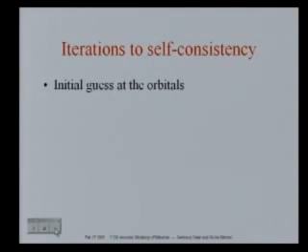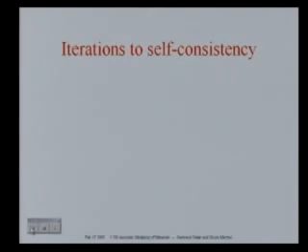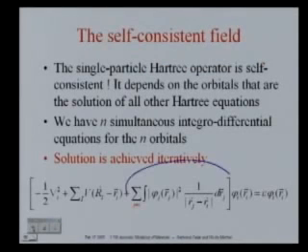That is, we need to start with an arbitrary guess for all those 26 orbitals. And once we have that arbitrary guess, we can construct the charge density of every electron, and so we can construct what would be the operator acting on each one of the phi I. That is, we can construct this term here.